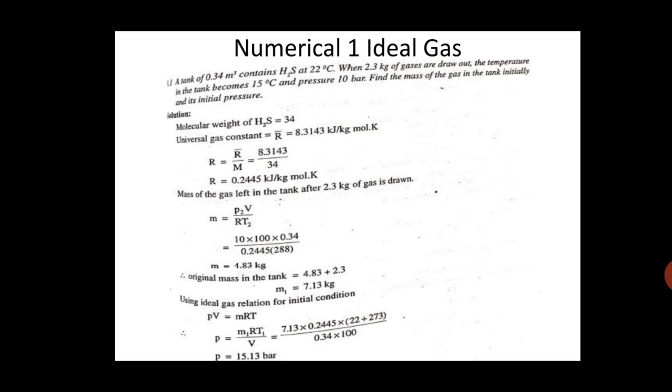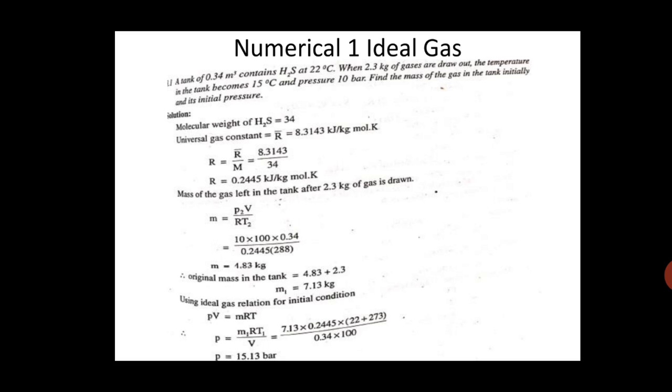So what is the significance of this problem? In this problem they have given a tank with a certain volume, that is 0.34 meter cube, which holds a gas, hydrogen sulfide, and the initial temperature, that is T1. So volume is V. For this H2S, you calculate the molecular weight, that is 2 plus 32, that is 34, and T1 is 22 degrees centigrade, to which you add 273 to get T1 in Kelvin.